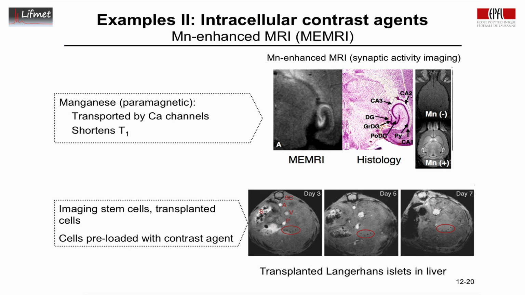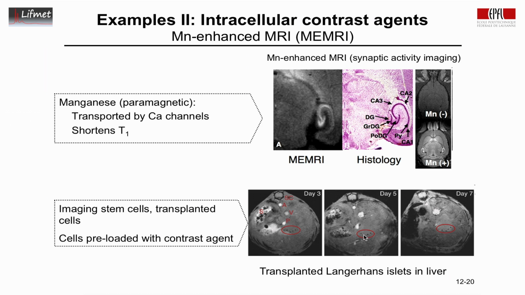So transplantation of islets is a recent form of treatment of type 1 diabetes. These islets are injected into the patient, and one of the questions here was, where do these transplanted islets go in the body? There has been a suspicion that they would end up in the liver, and indeed what these images show here are the islets.